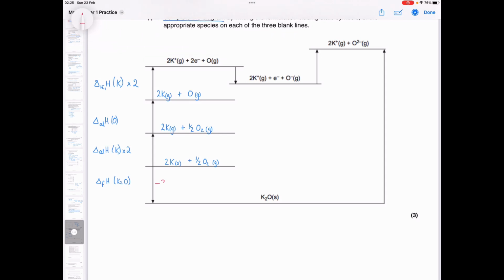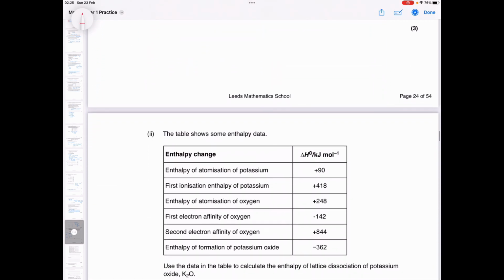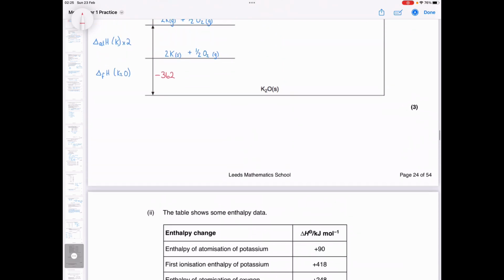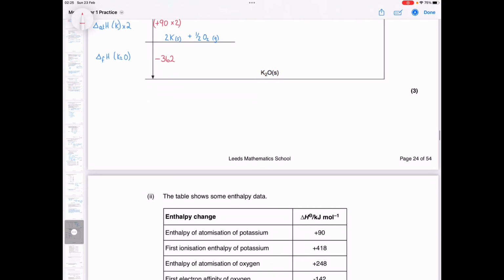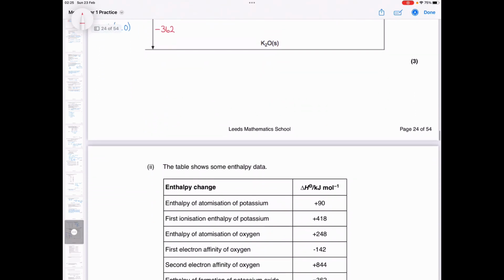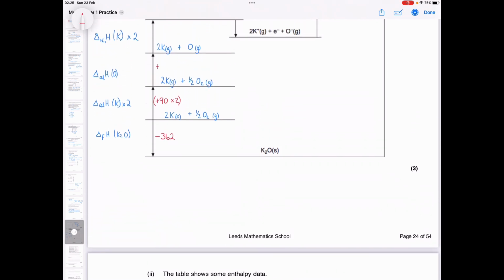So that's minus 362. And then we've got the atomisation energy. Enthalpy of atomisation of potassium is plus 90. And we need 2 of those. And then the next one we need is the enthalpy of atomisation of oxygen, which is plus 248. We just need 1 of those.